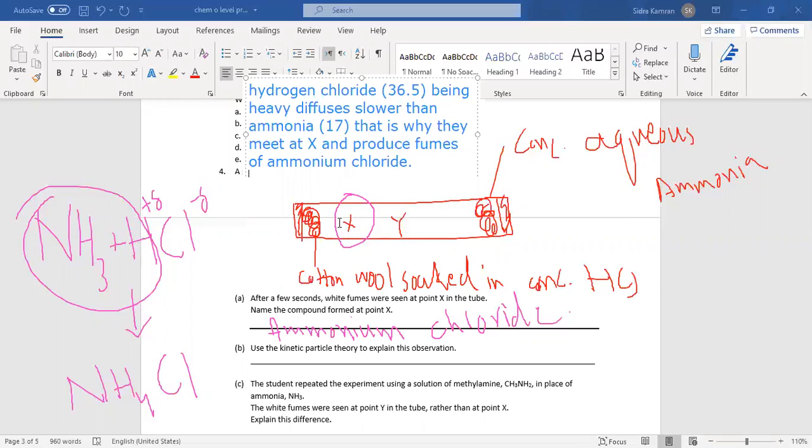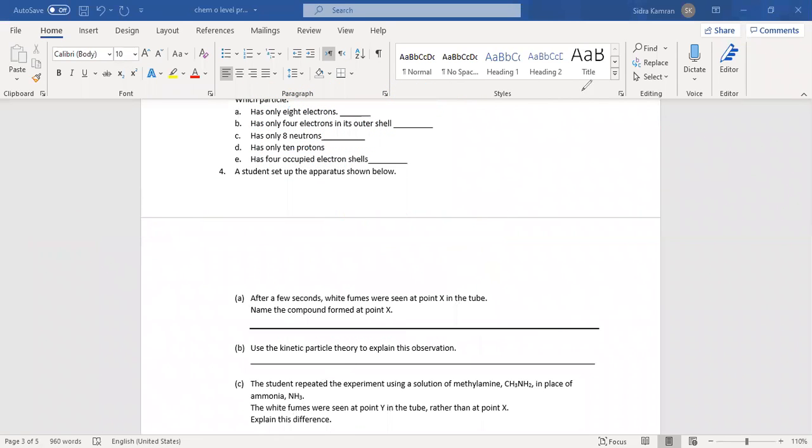Next question is, the student repeated the experiment using a solution of methylamine. This is the formula of methylamine in place of ammonia.